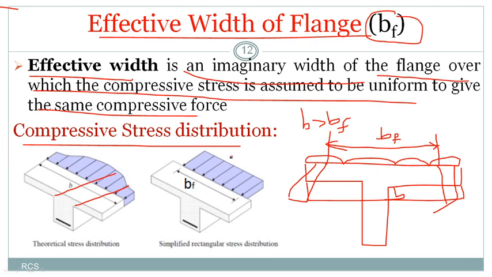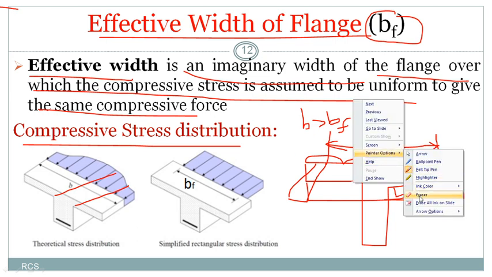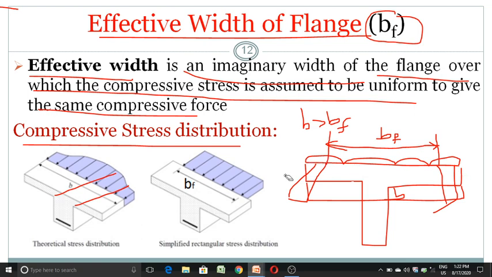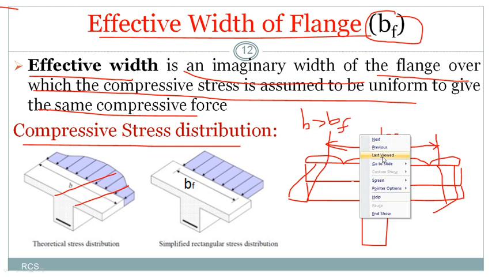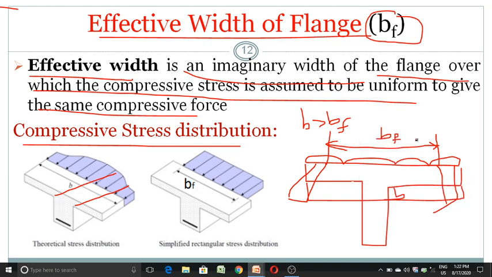Similarly, I will take one more real life example here. You take one person, say he is standing like this, and assume that this part is the web of the person, and he is extending his hands like this, right?